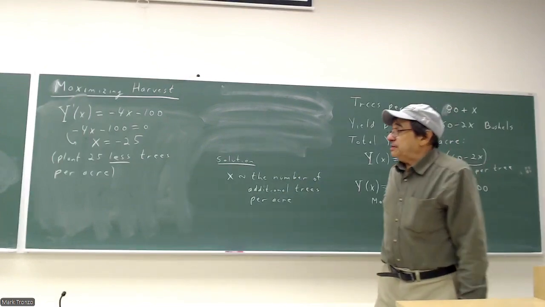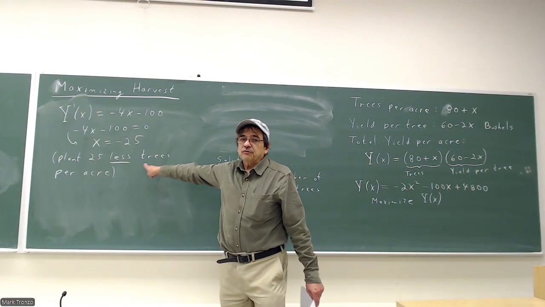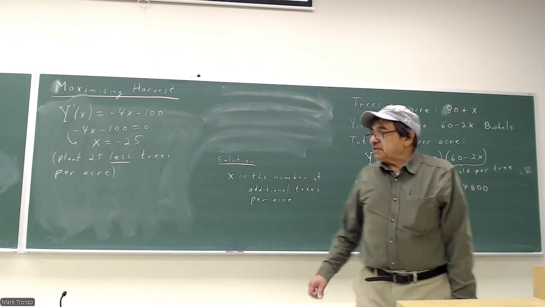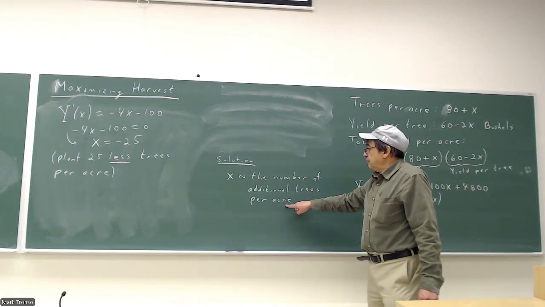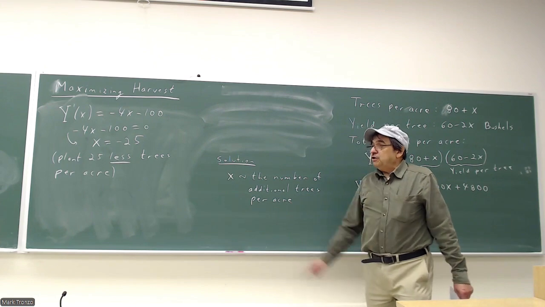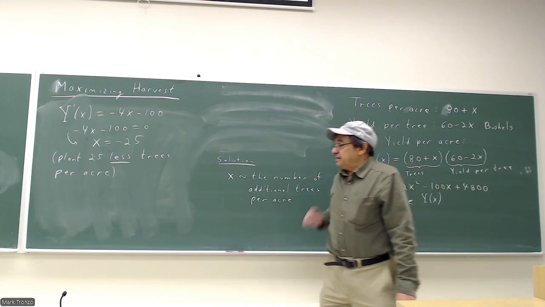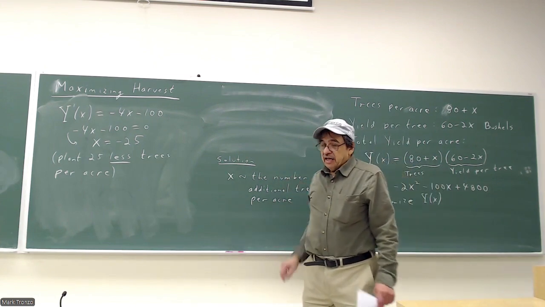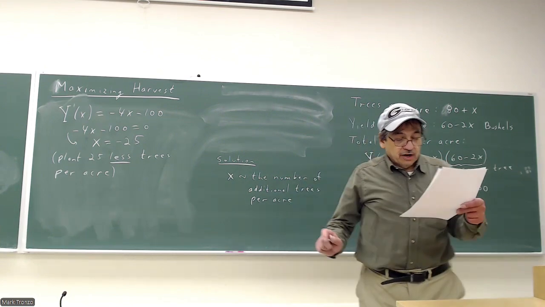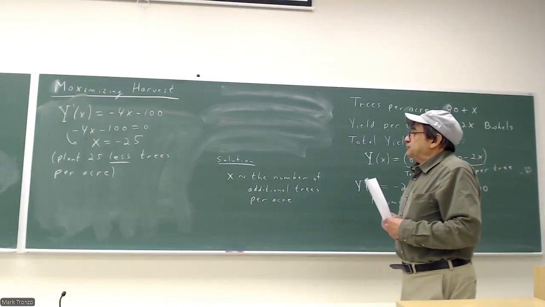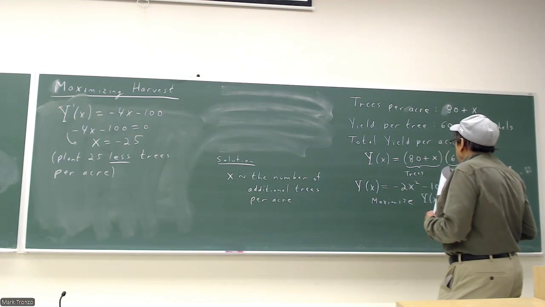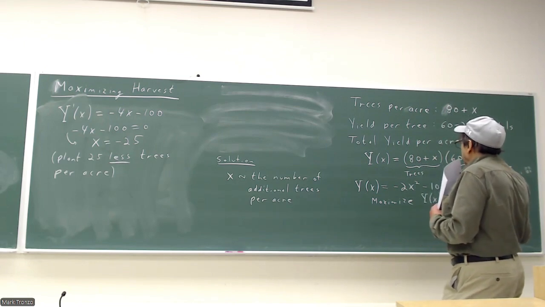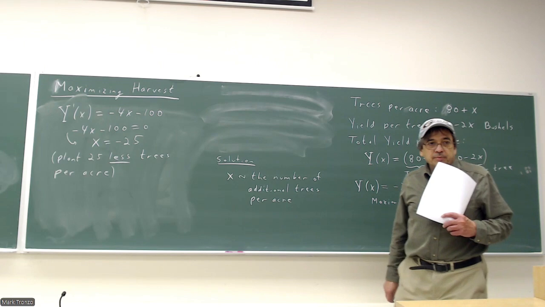Remember, when you see negative or positive, think of how you've defined x. We defined x as the number of additional trees per acre, so here she has to take away 25 trees per acre. Now let's see what the total yield is going to be.